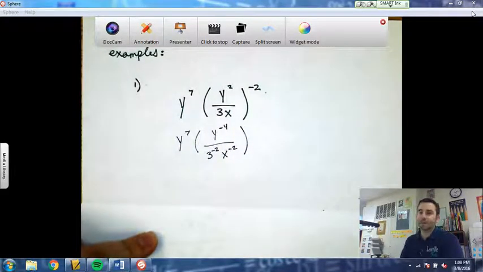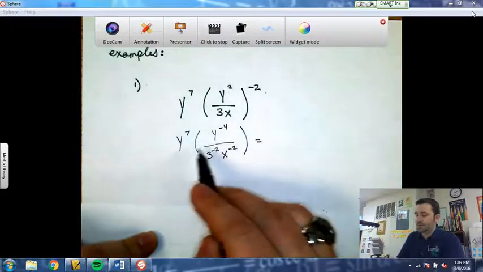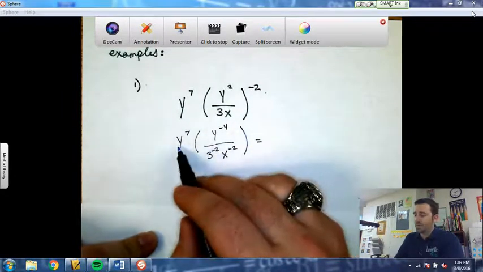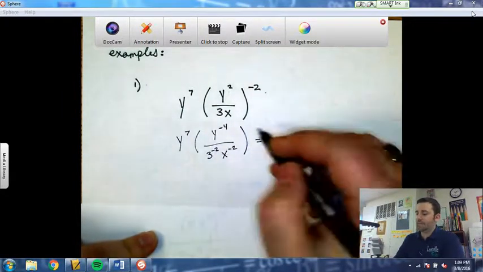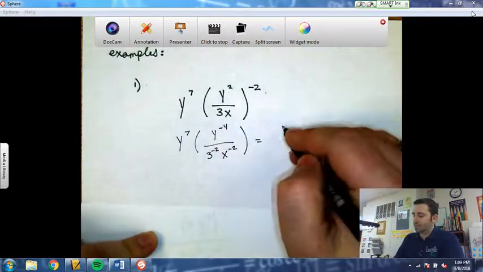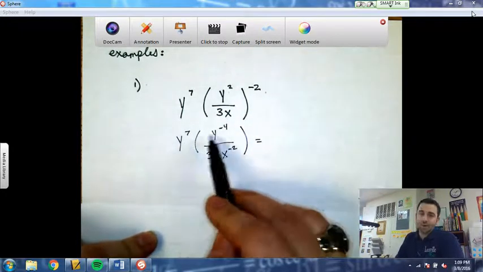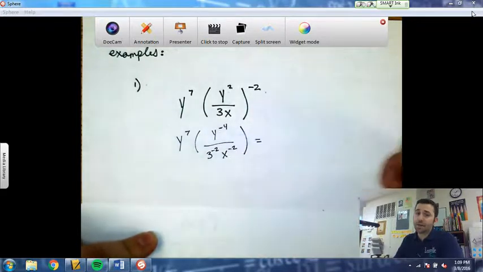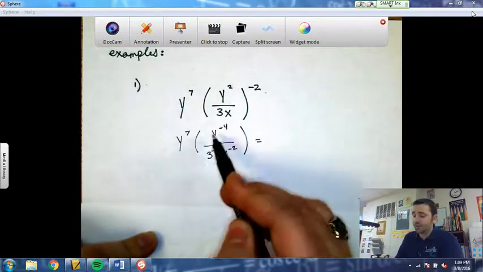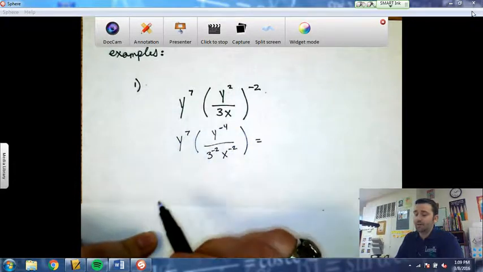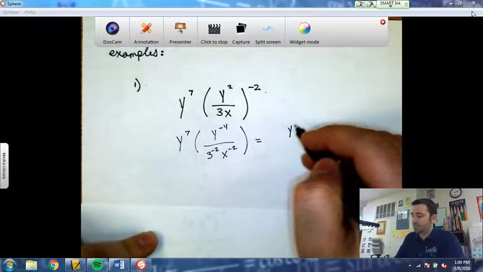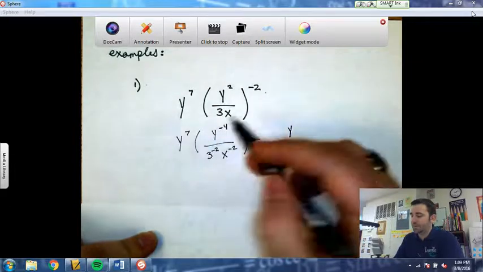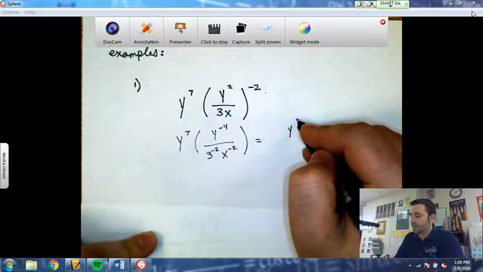After I do this, I can simplify further using the product property. Y raised to the 7th times this quotient, since y and y are the same base. Now, it's important to note, if I could have simplified in here, I would have. However, since these are the same base, I can add the exponents by the product property. So 7 plus negative 4 would give me 3.